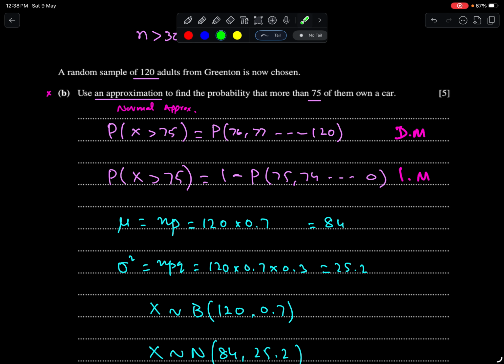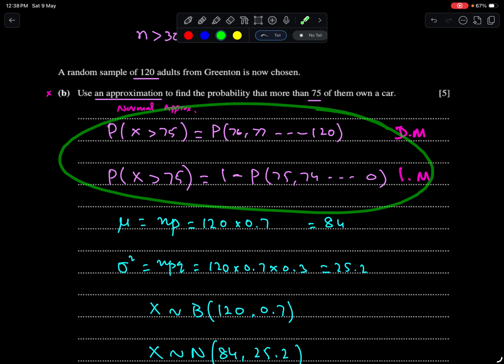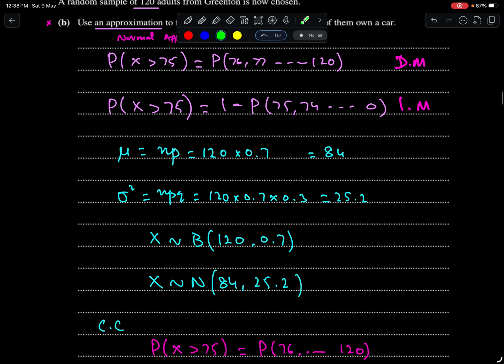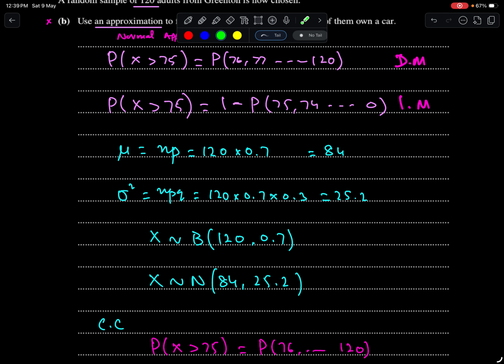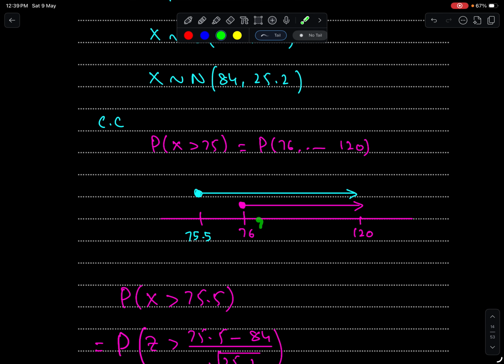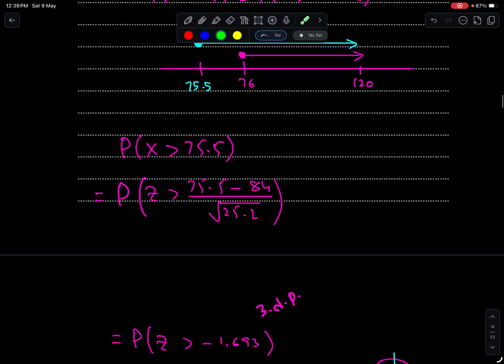Both methods are lengthy, and that is why normal approximation is used here. For normal approximation, we must have np, npq, and continuity correction. The first inclusive integer should be here. We are going on the right side, so take the lower bound. Must mention npq under root. It is compulsory to mention npq inside the root.